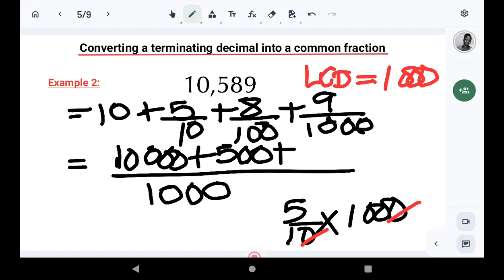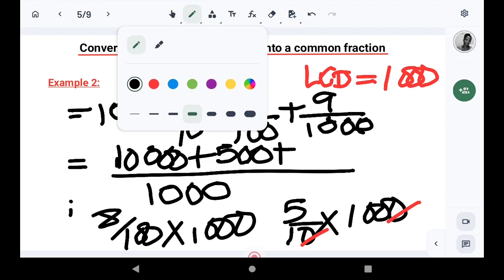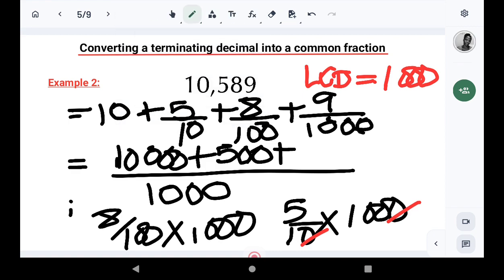Plus 8 over 100 times 1000. The two zeros cancel and you're left with 8 times 10, which is 80.